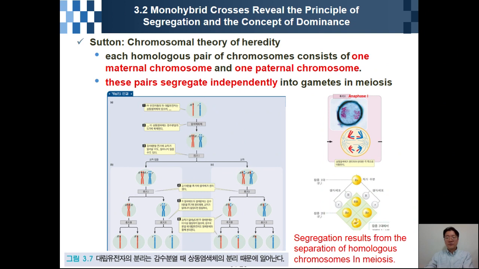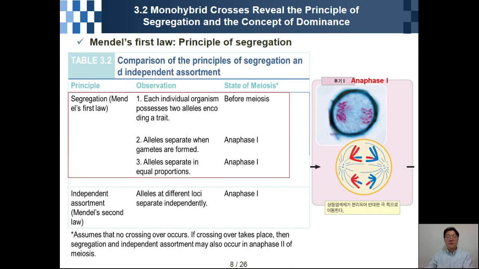We can go back to the previous slide. Alleles are separated when gametes are formed, and also alleles are separated in equal proportion. And finally, he got the 3:1 ratio. But at that time, he didn't know why this kind of 3:1 ratio is happening.